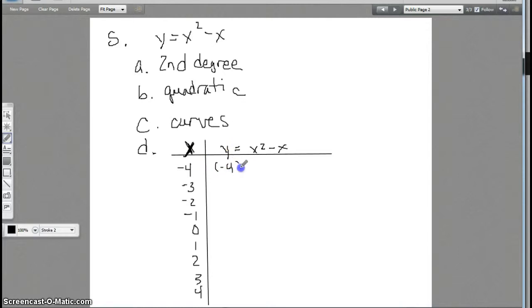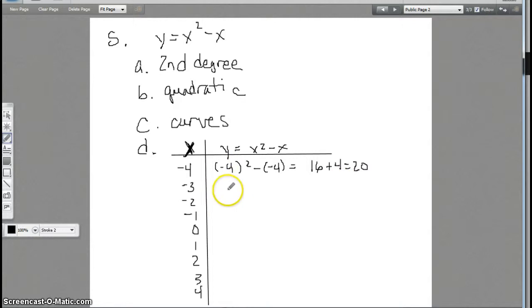So -4 squared, because I have x squared, minus -4 equals what? Well, -4 squared is going to be 16 because this negative is squared also. And the square of a negative is a positive. And when we subtract a negative number, that's the same as adding. So this is 16 plus 4, which is 20.